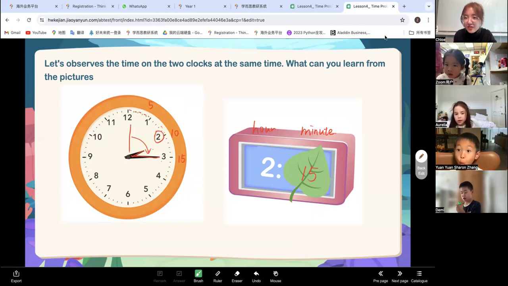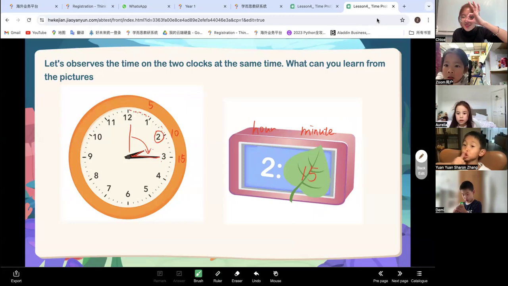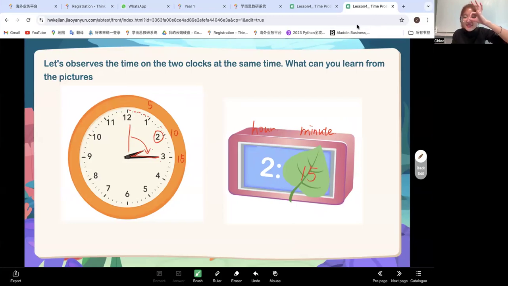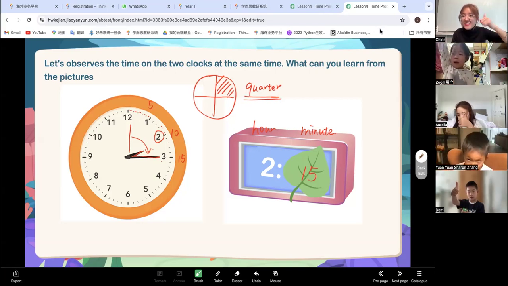Everyone, now, how can we read it? Listen carefully, everyone. Now it's important, okay? Eyes on Chloe, please. If we have a circle here, and we divide it into 4 equal parts, then one out of the 4 equal parts will be a quarter. Make sense? Have you ever heard about quarter before? Yes or no? Okay, great.